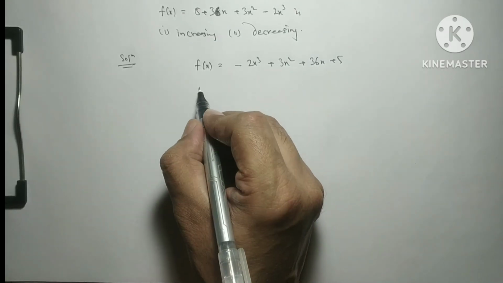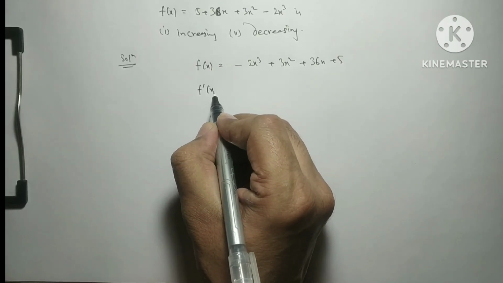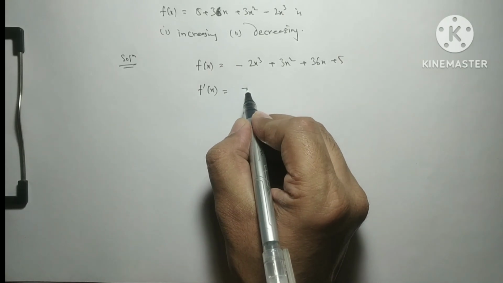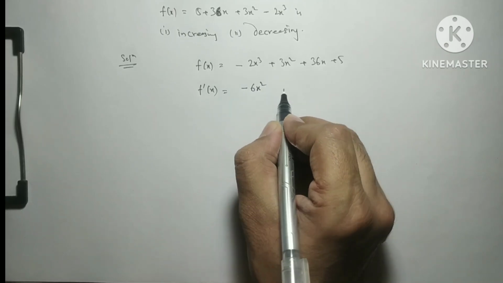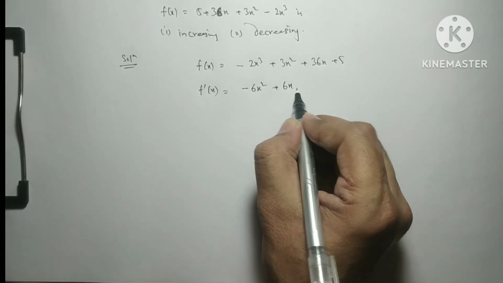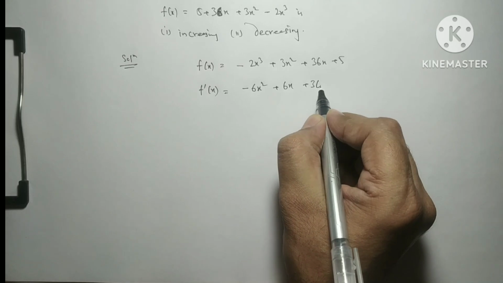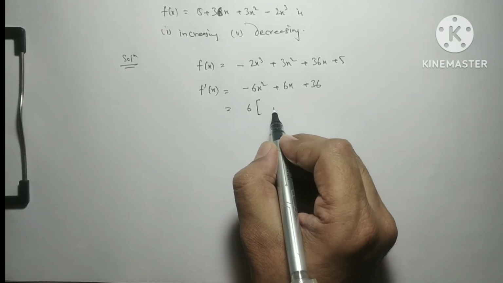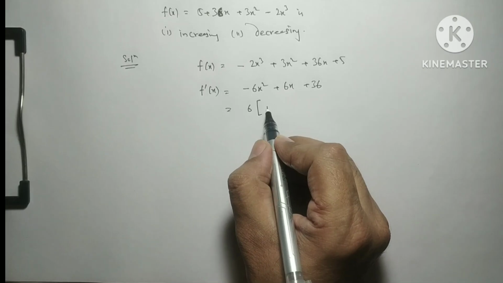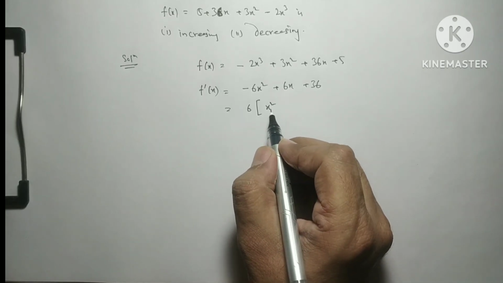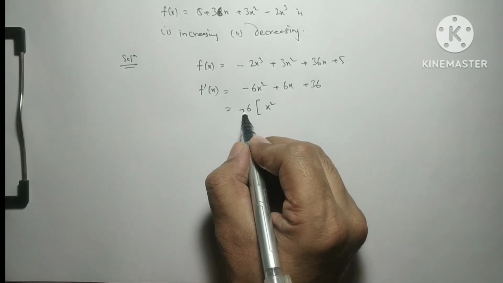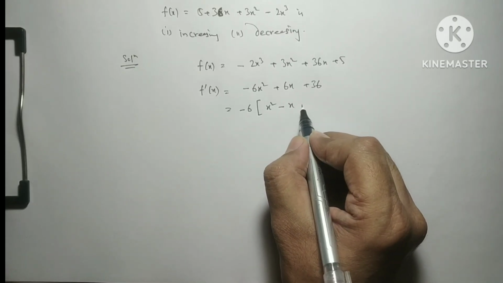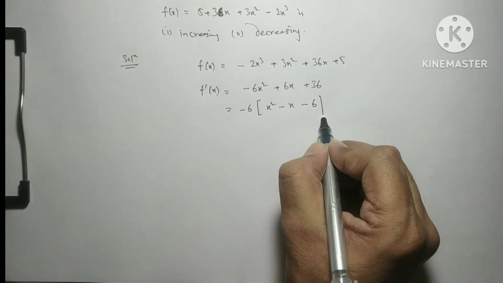So first we will get the first derivative of this function. It will be minus 6x square plus 6x plus 36, and 6 is common, so we get x square minus x minus 6.